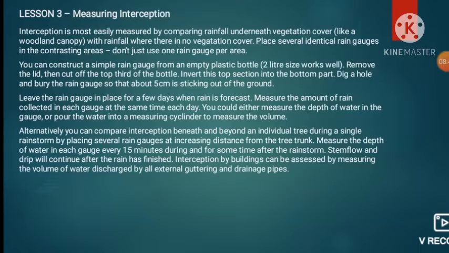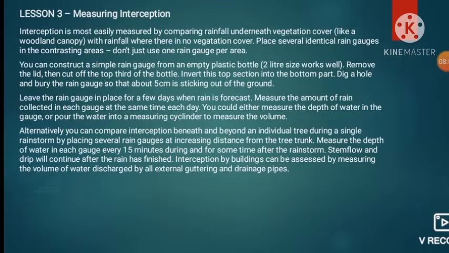You could either measure the depth of water in the gauge or pour the water into a measuring cylinder to measure the volume. Alternatively, you can compare interception beneath and beyond an individual tree during a single rainstorm by placing several rain gauges at increasing distance from the tree trunk.